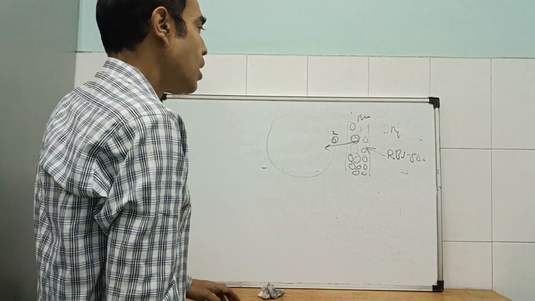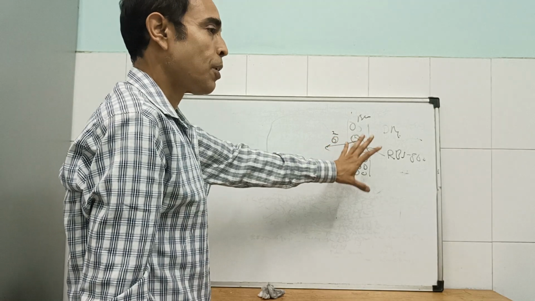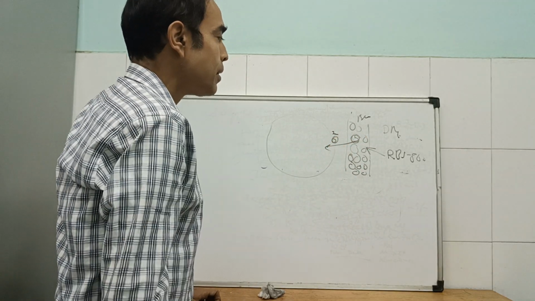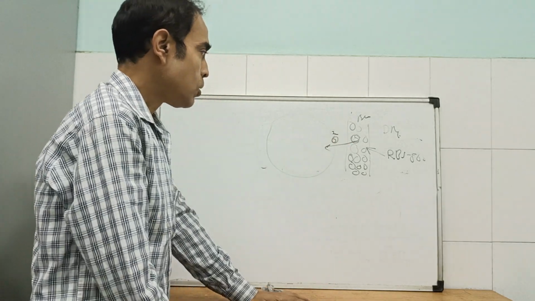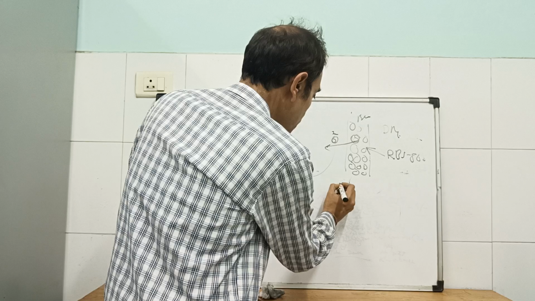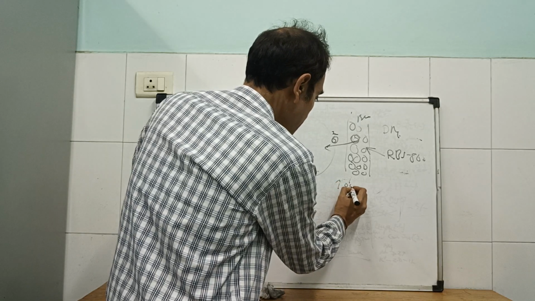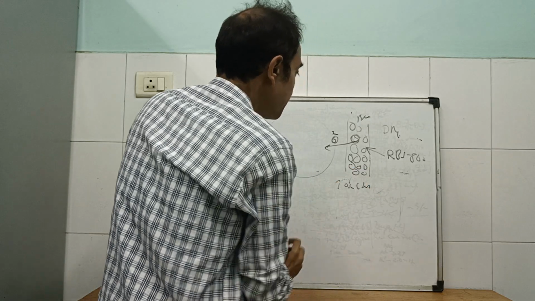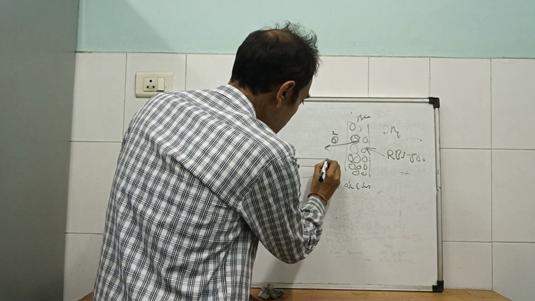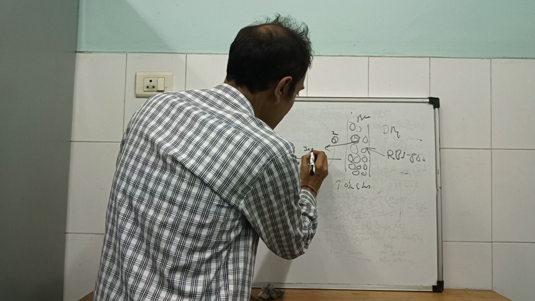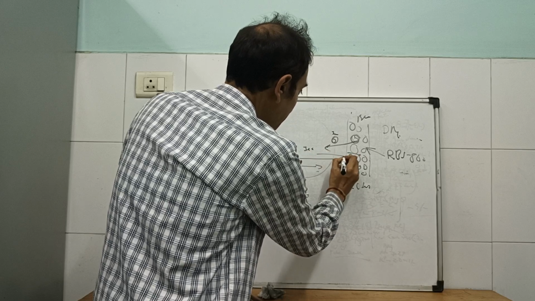Now, RBS causes an increase in the osmolarity. As we know, osmolarity is the active solute particles which are present in the blood. So because there is an increase in the serum osmolarity, it will draw water from the intracellular compartment to the extracellular compartment.